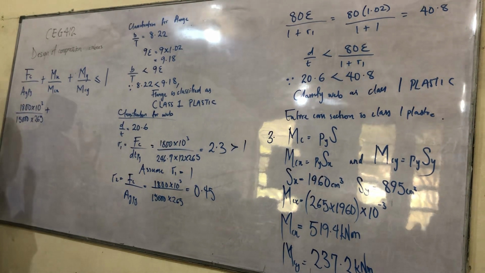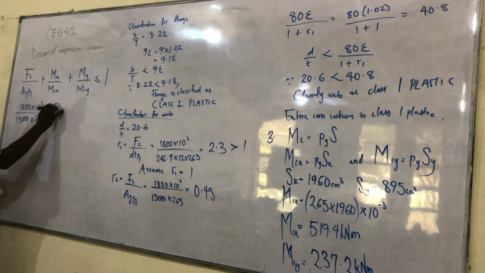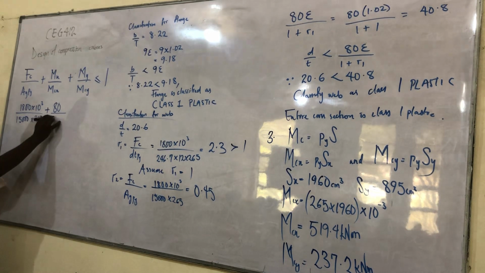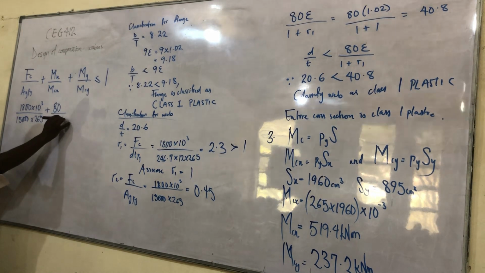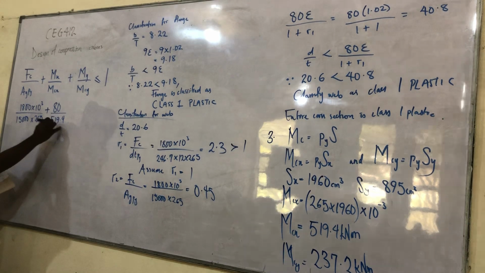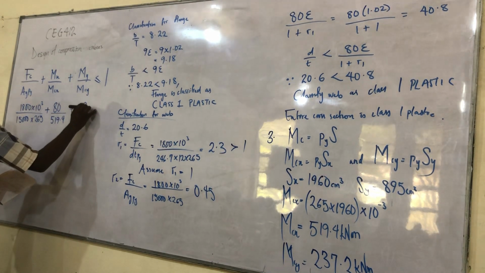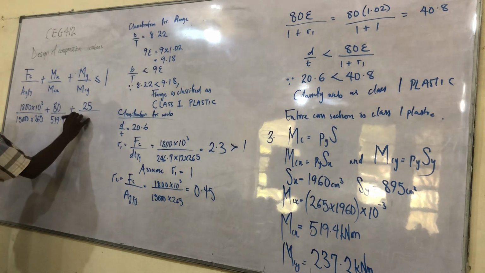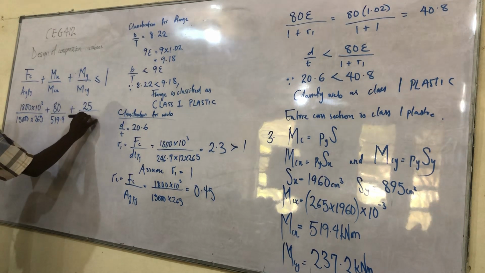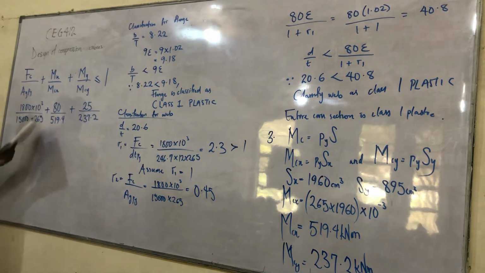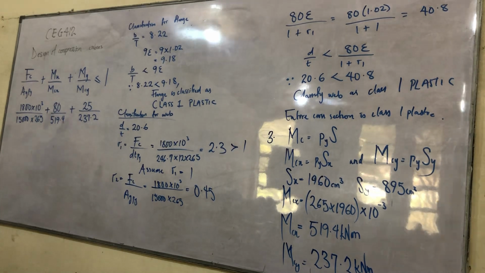Now, what's our MX? 80. What's our MCX? What's our MY? What's our MCY? All right, let's calculate this and let's check our answer.